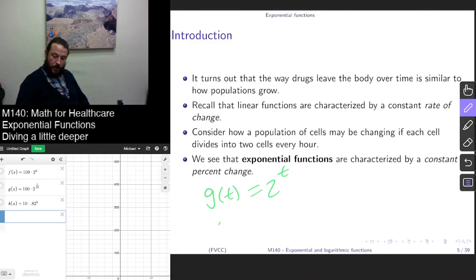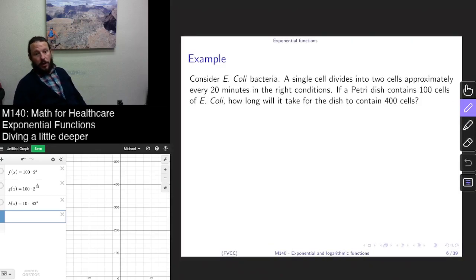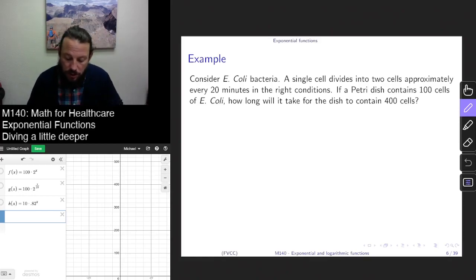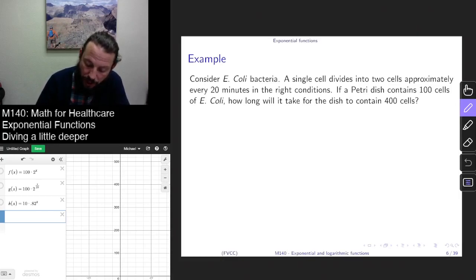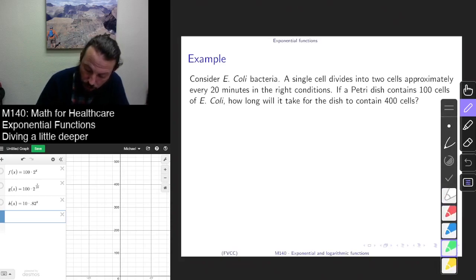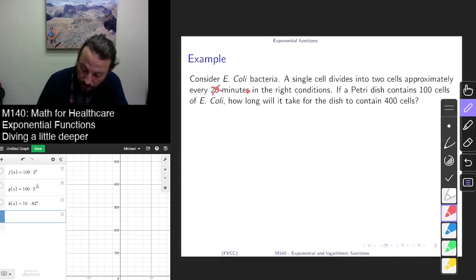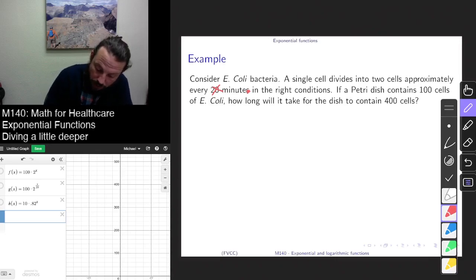Okay, so let's look at an example here. Before we start this one, a single cell divides into 2 cells approximately every, let's say for now, let's cross out that 20 because it's a little complicated, and we'll do every minute, in the right conditions. If a petri dish contains 100 cells of E. coli, let's not worry about this last part.